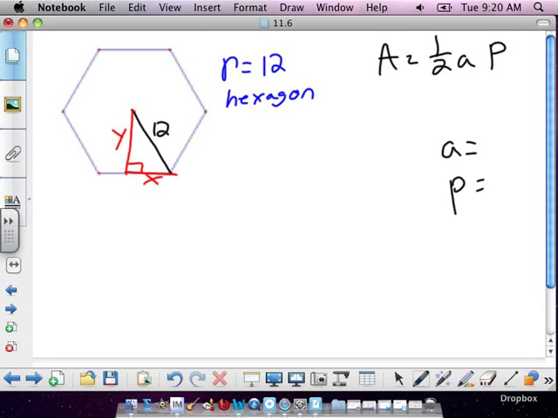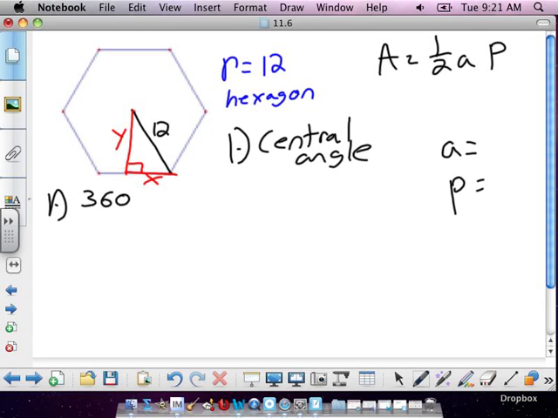So we know the whole thing makes a circle, right? So we always do step 1, central angle. Okay? So we always take 360 divided by, how many sides does it have? 6. What's 360 divided by 6? Okay, but we don't want 60.